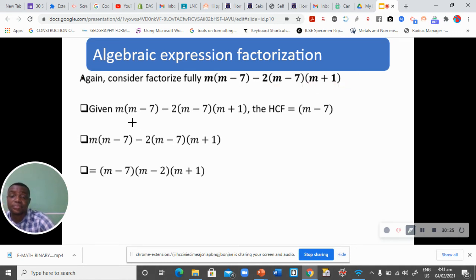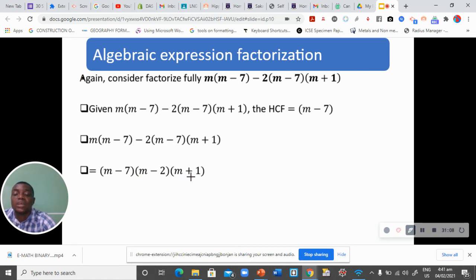If you check it, m minus 7 is here, m minus 7 is there. So the HCF will be m minus 7. So we take m minus 7 out. Then the remaining ones are m minus 2 and m plus 1.